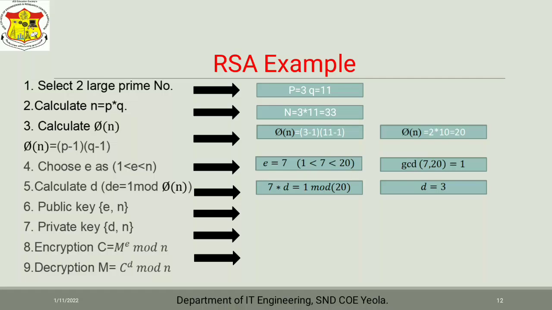Put in all the values and calculate the value of D, that is D is equal to 3. Now the public key is 7, 33 and the private key is 3, 33. Now calculate the value of the ciphertext. Put all the values in the given formula: C is equal to m raised to E mod n.